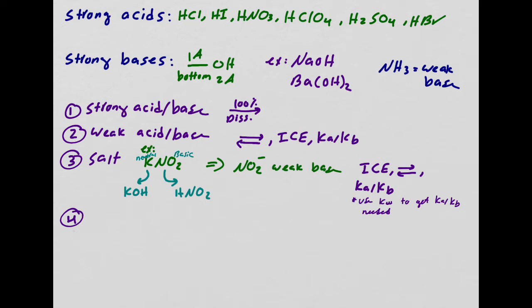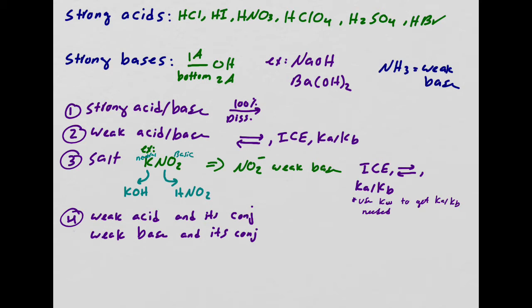Let's say in this case you have a weak acid and its conjugate, or you have a weak base and its conjugate. So you're going to end up having two or more things in the solution. You have a weak acid and its conjugate, or you have a weak base and its conjugate.